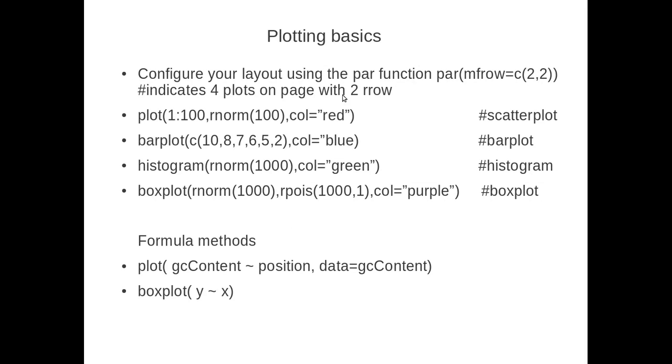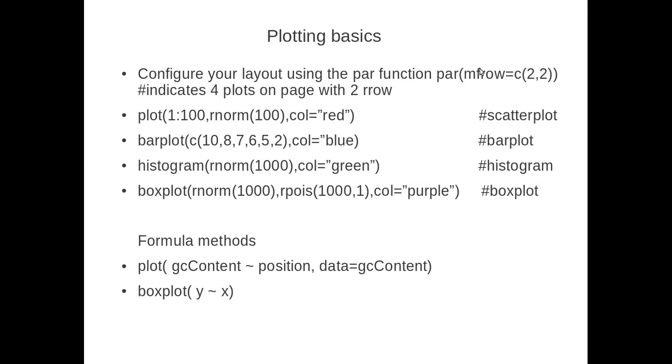Just a quick thing about configuring your layout. There's this function called par, which sets plotting parameters that you specify before you begin plotting, similar to the way you would do PDF.